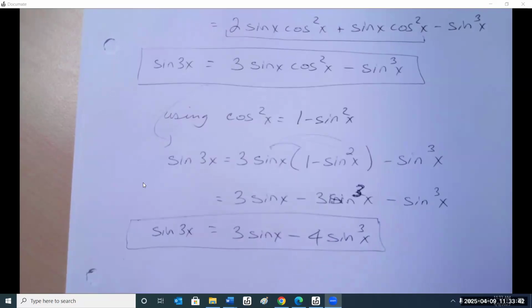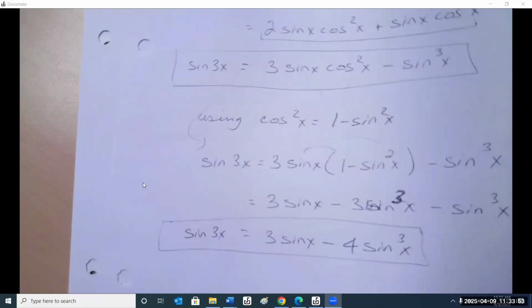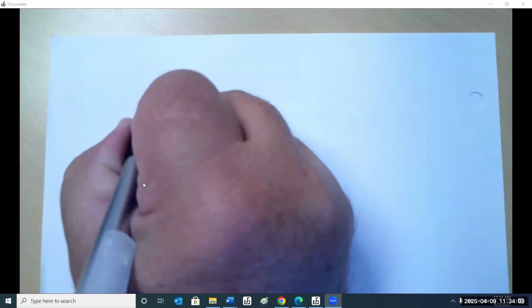All right, so let's see what else we have to do. Oh, let's see. How would we address tangent squared x?